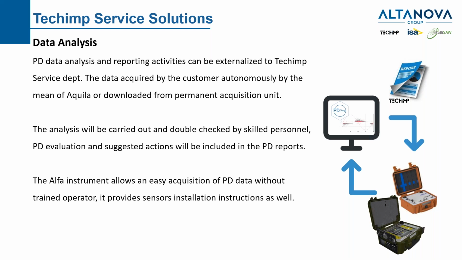So it's hard to keep in mind all the information needed to perform a good PD test. With the Alpha instrument, there are several modalities to acquire the data autonomously, without any interaction with the operator, to get a very good data set to be analyzed.